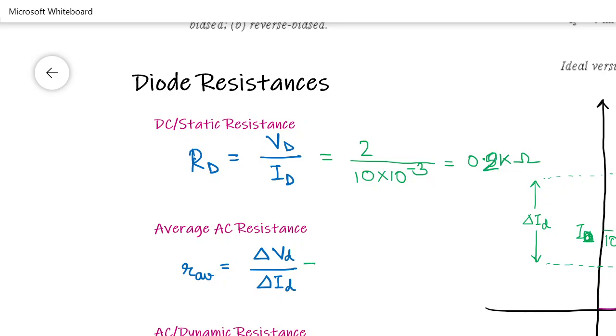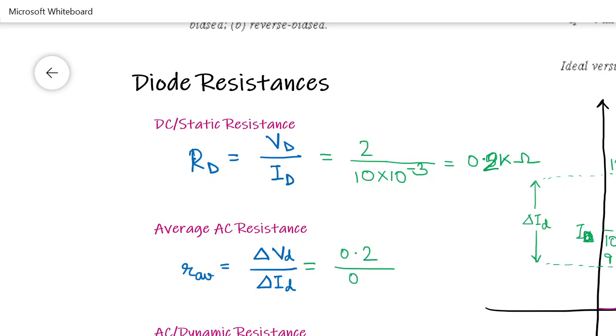And suppose we have a change in voltage of 0.1 volt on each side. Then delta Vd would be 0.2. Suppose the current goes to 9.8 milliamp on one side and 10.4 milliamp on the other.